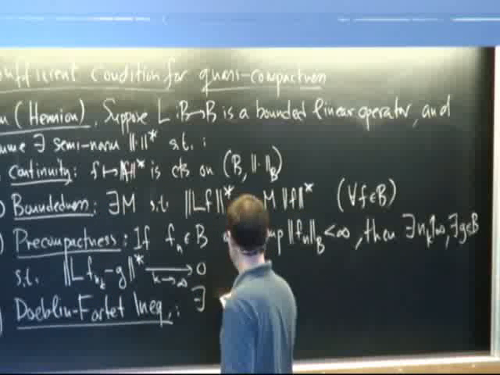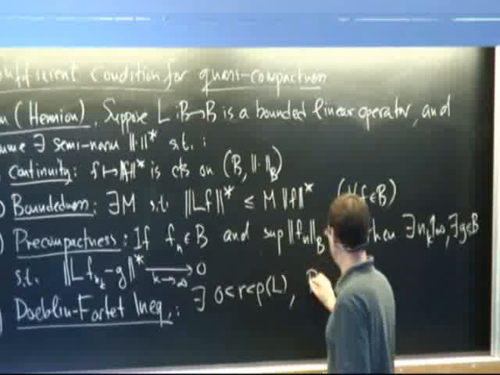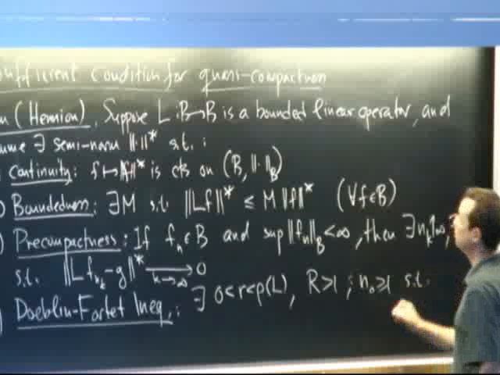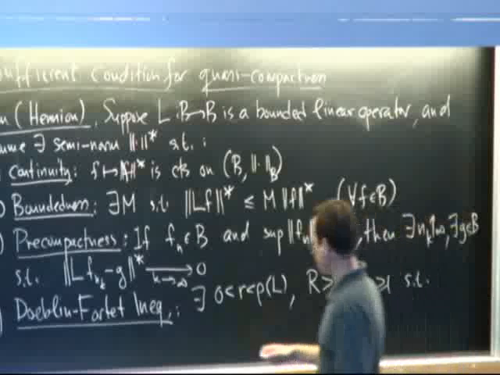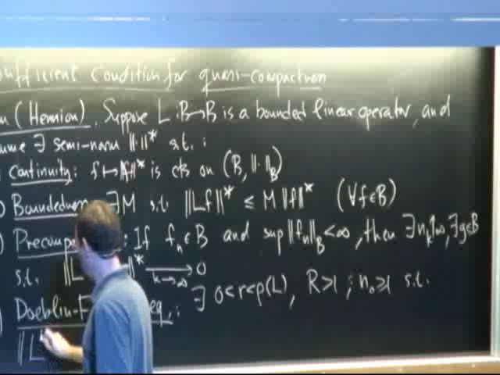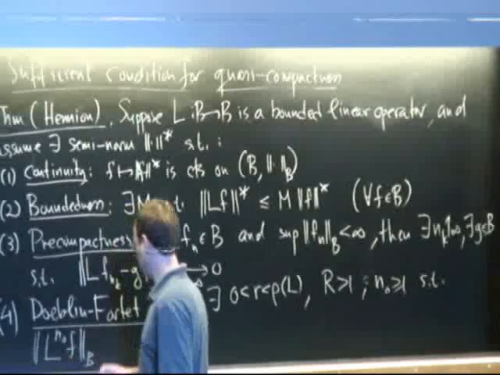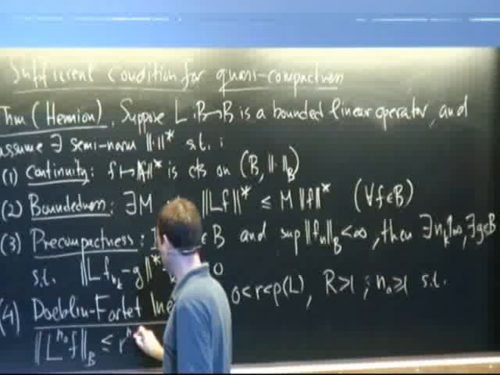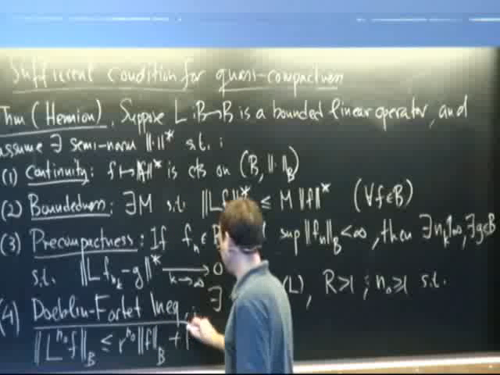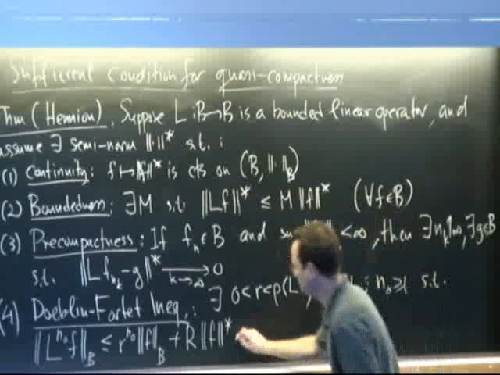There are numbers r smaller than the norm of L, and capital R bigger than 1, and some power n0, such that the norm of L^n0 F is less than or equal to r^n0 times the norm of F plus capital R times the seminorm of F. Okay.